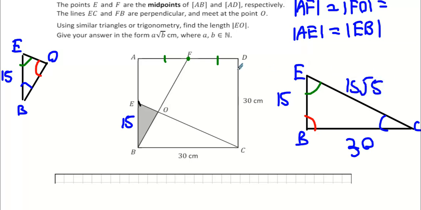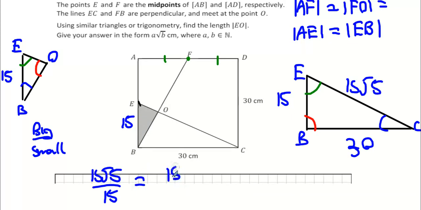Now, what I'm claiming is the following ratio. We're going to do the big divided by small again. Is that okay? Our usual one. The hypotenuse of the big triangle, what is it? The hypotenuse of the small triangle. 15, the side that comes between the green and the red on the big triangle. 15, the side that comes in between the green and the red on the small triangle.